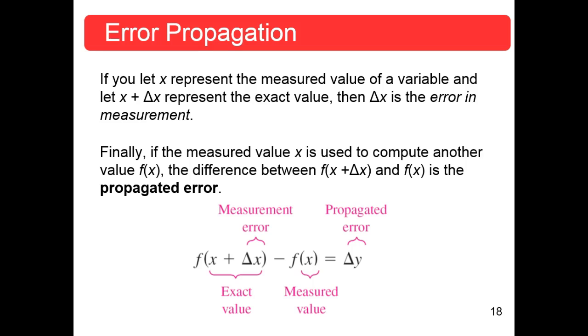All right, now we're going to talk about error propagation, okay? If you let x represent the measured value of the variable, and x plus delta x will then be the exact value, okay? Then delta x is the error in the measurement, okay? Now, what are we talking about here? You've got some sort of a device, okay?